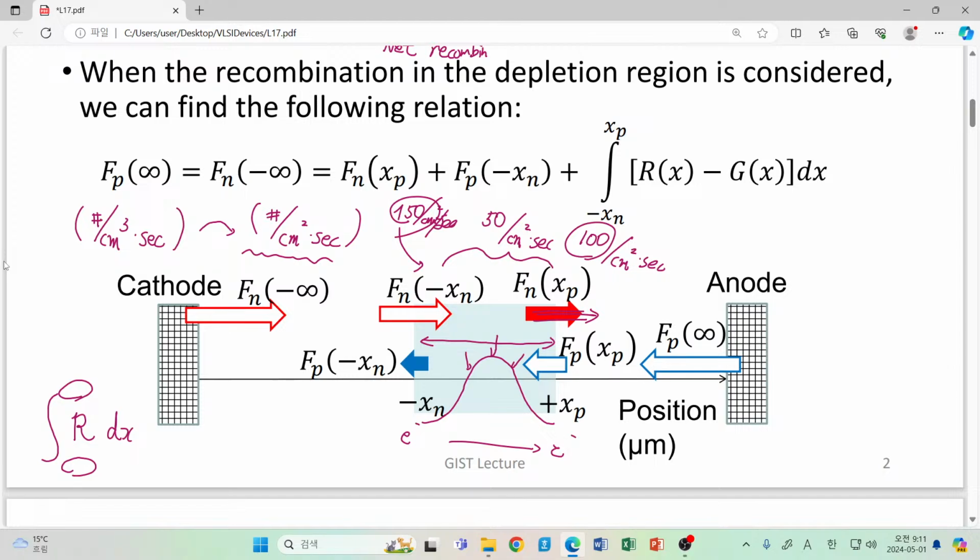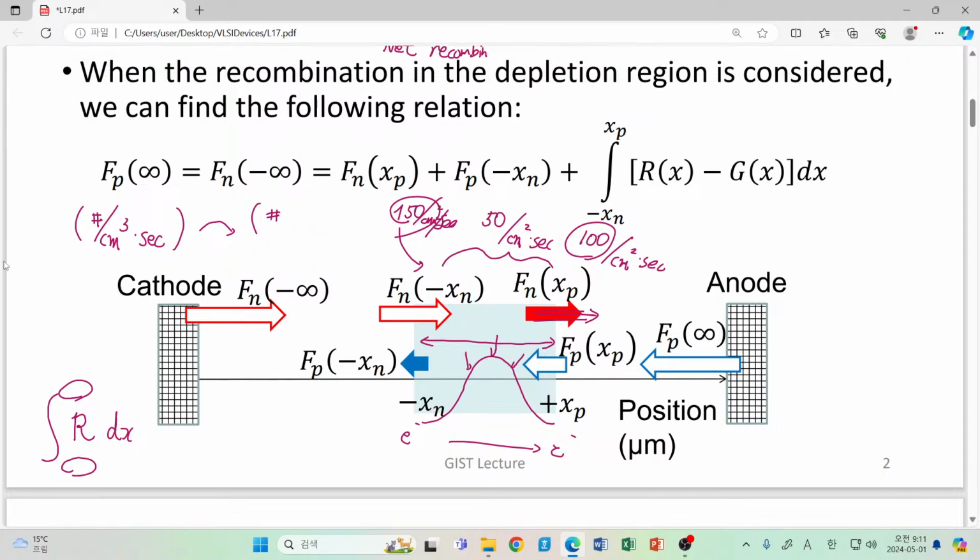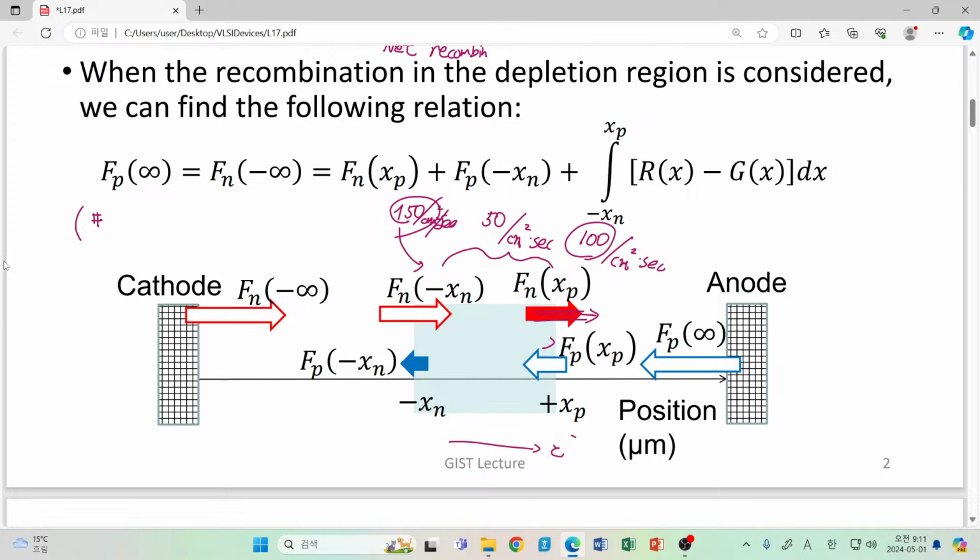So quite simply, please note that what we have to do is measure both the electron current density and the hole current density at the same position. That is the requirement.